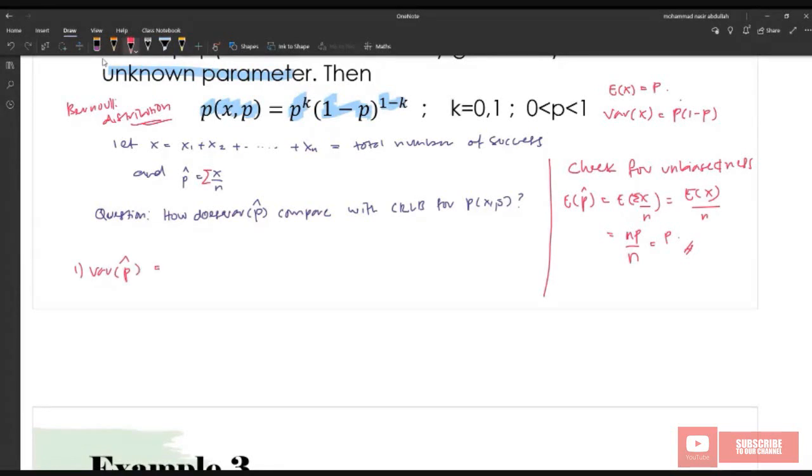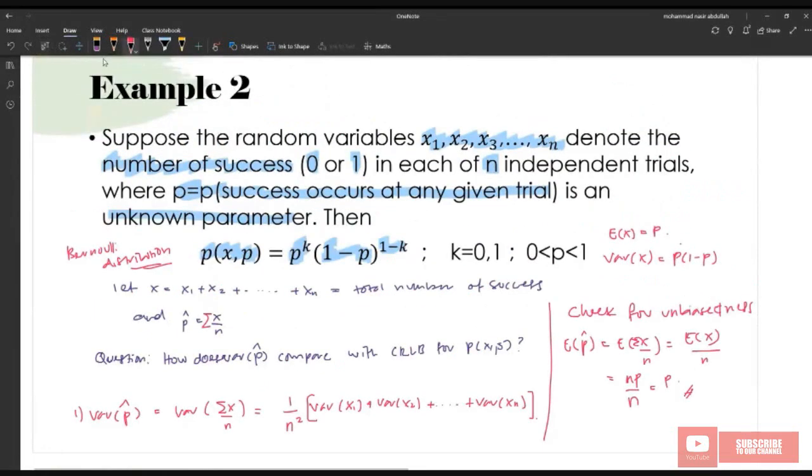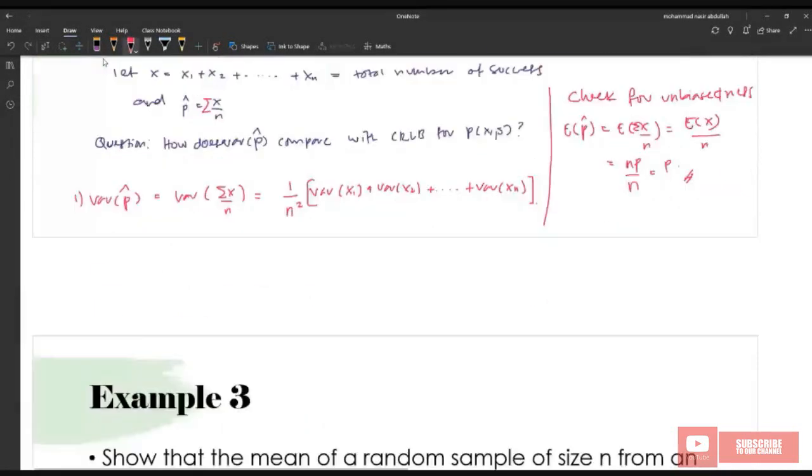It should be equal to the variance of the summation of X over n, which is 1 over n squared times the variance of X1 plus the variance of X2 plus until the variance of Xn. Yeah, because we have independent trials, right?